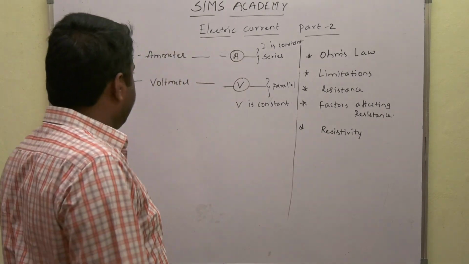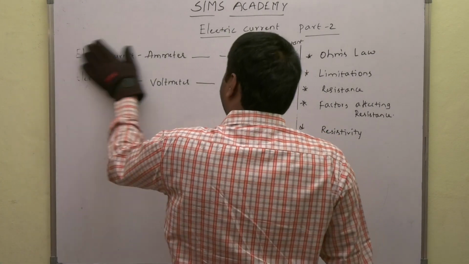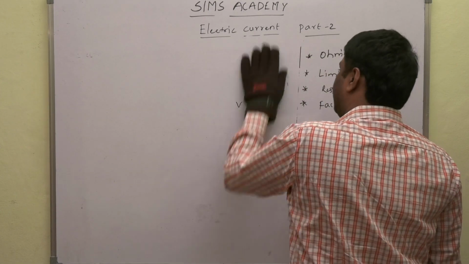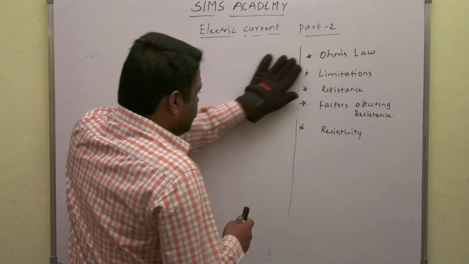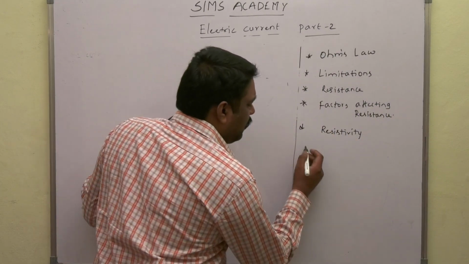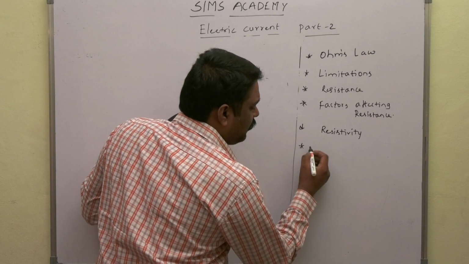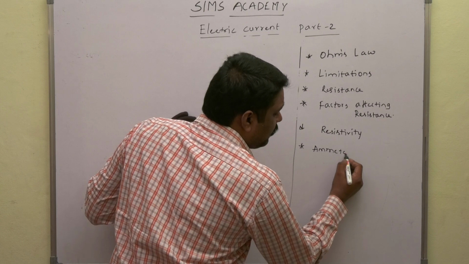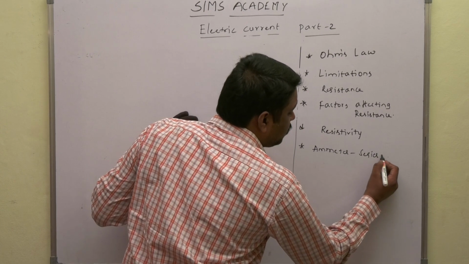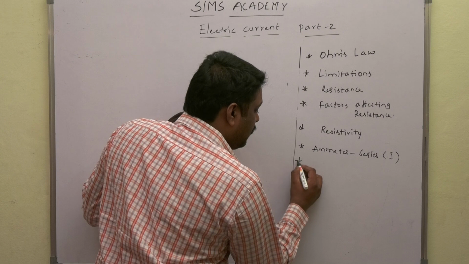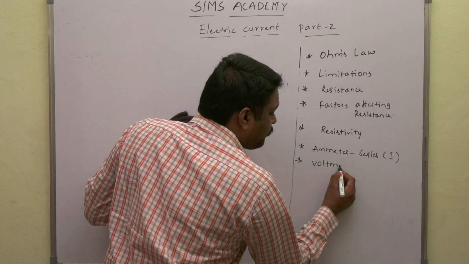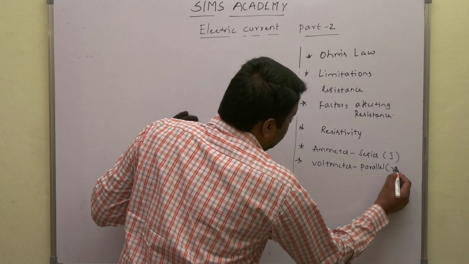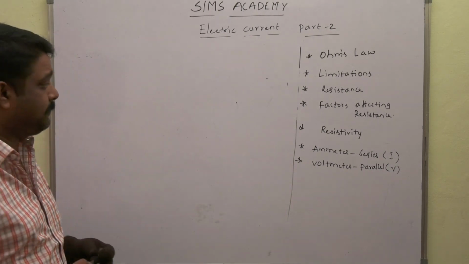Okay, now let us build a small electric circuit. Here we shall mention: ammeter, always connected in series, measures current. Voltmeter, connected in parallel, measures voltage.